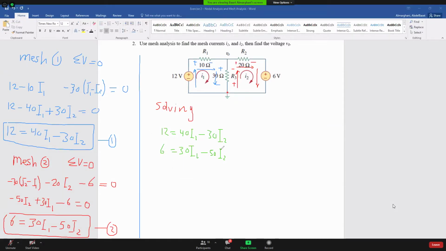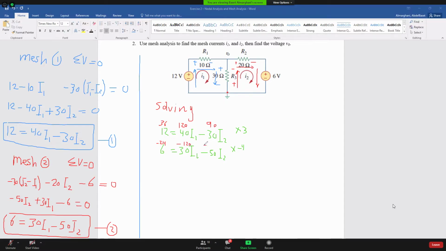So you can do elimination, you can do substitution. I can multiply here by 3 and here by negative 4. Then I add. So if I multiply by 3, 36, 120, 90. If I multiply by negative 4, this will be minus 24. This will be minus 120.